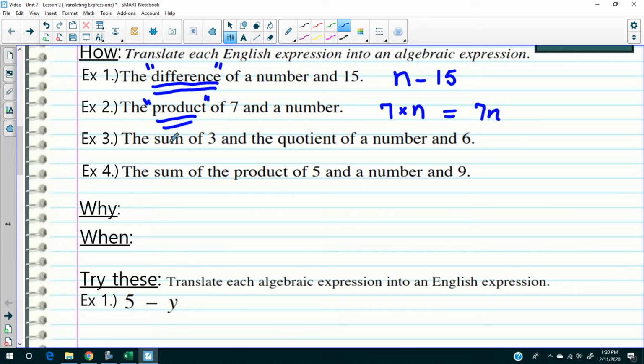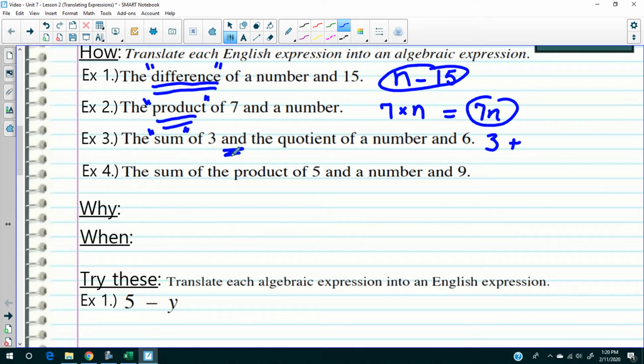All right, sum. The sum of 3 and the quotient. Now it gets interesting. I did that on purpose. I'm trying to make this more difficult, because you've had some practice in class already. So I want to take this time to do the slightly more complex sort of translation. The sum of 3, so you got 3 going on. There's a sum.